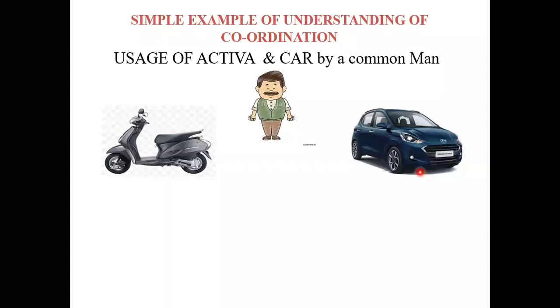So depending upon our flexibility and our journey, he may use either the Activa or a four-wheeler, a car. That is the first point: depending upon his convenience, you may pick up the Activa or the four-wheeler.